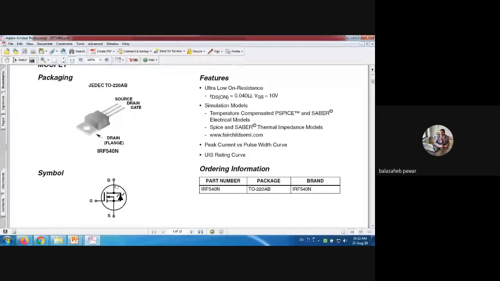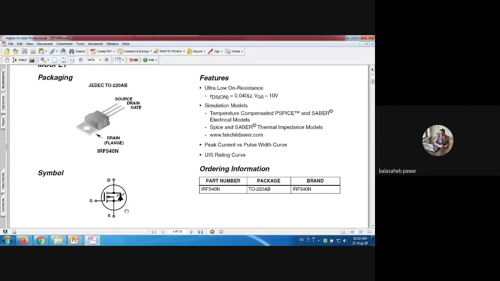So simple, V equals IR. Yes, it will be only 0.04 volts, right? That means it is negligible, we can say. Yes or no? 0.04 volt drop means it is almost 0 volts. And being an on switch, it should be as low as possible.